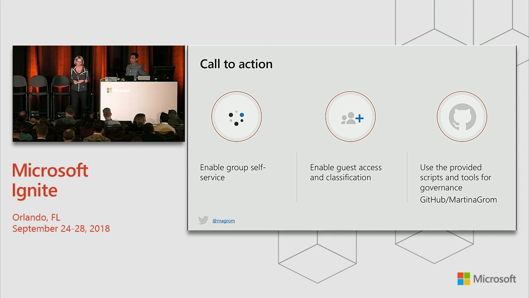and a little summary, because I promised I will always finish on time. We have 1 minute and 30 seconds left. So the call to action here is, and we just showed you the results and what happens there, please enable group self-service and make it work with a controlled workflow in there.